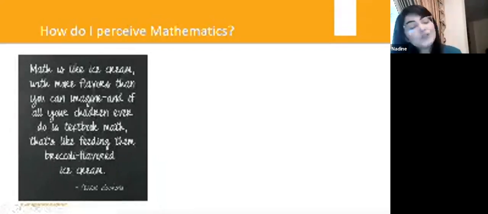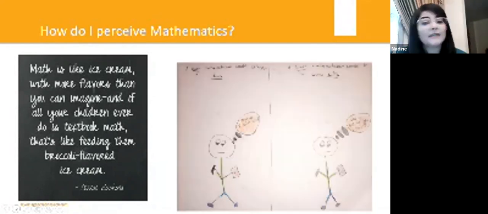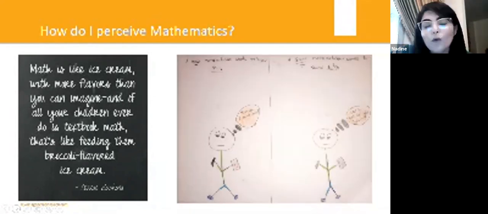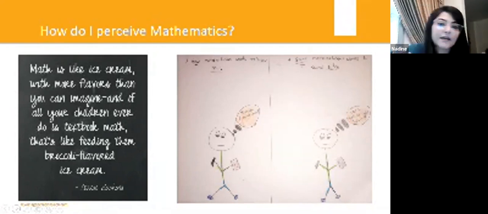In addition to seeing myself from the perspective of an educator, I also see myself from the perspective of a learner. And I usually connect it to the following visual. A good mathematician wants to know how. A great mathematician wants to know why. So in mathematics, it's not only about how. How did I think about it?